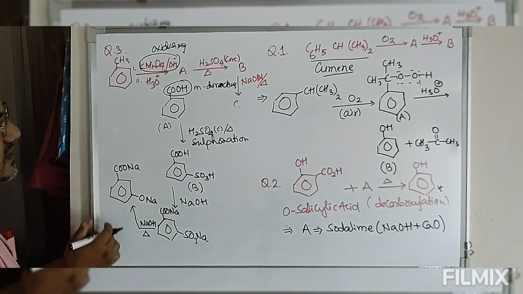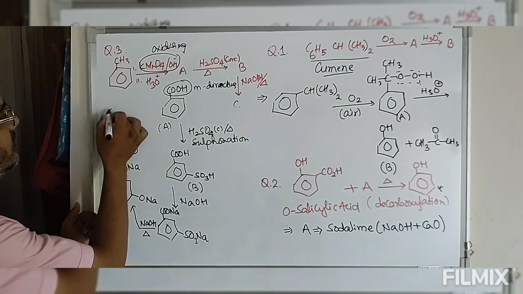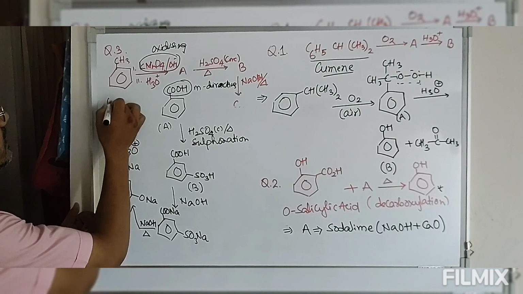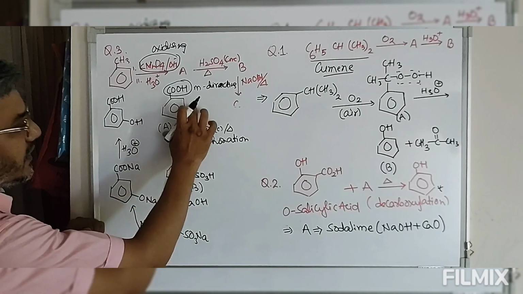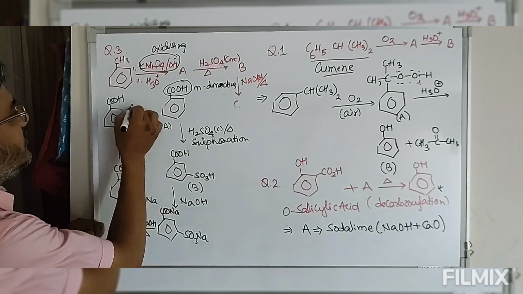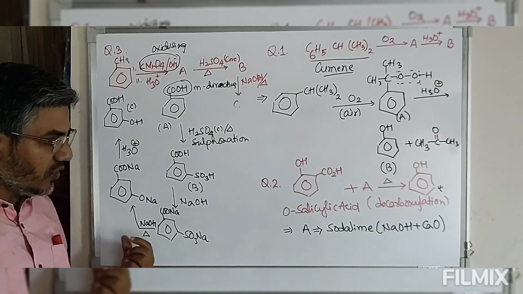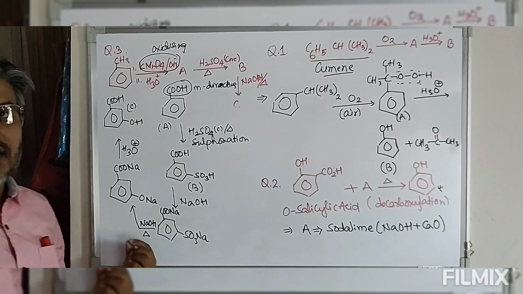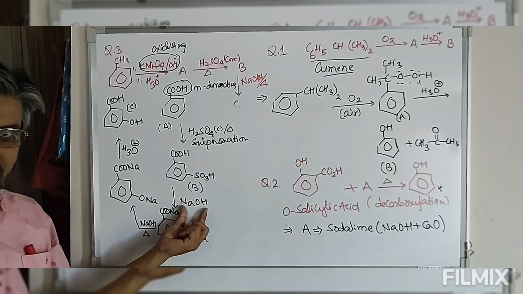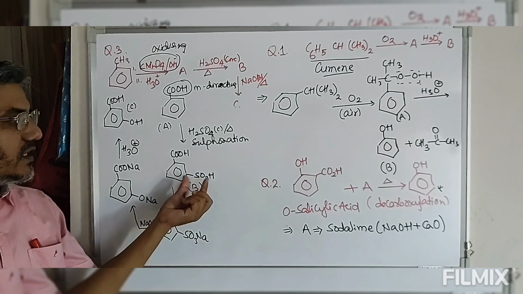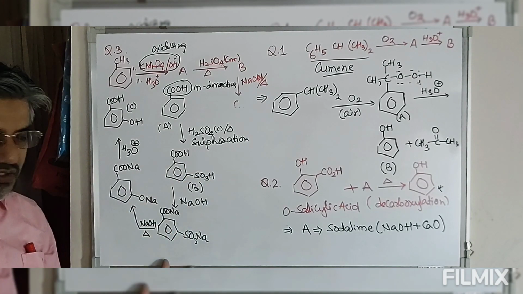So this phenoxide ion on acidification gives you this, our compound E, this is our compound B, and this is our compound C. So this is one of the methods of preparation of phenol from sulfonic acid. Benzene sulfonic acid on heating with sodium hydroxide, fusion with sodium hydroxide, desulfonation takes place, and in place of the sulfonic group, an OH group is introduced.